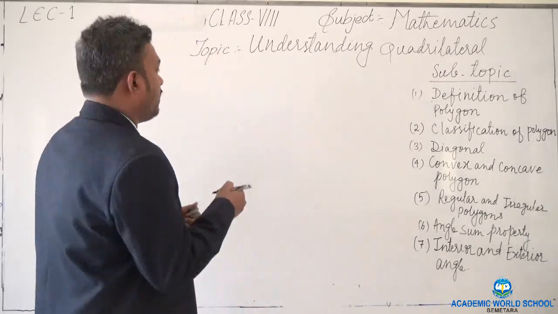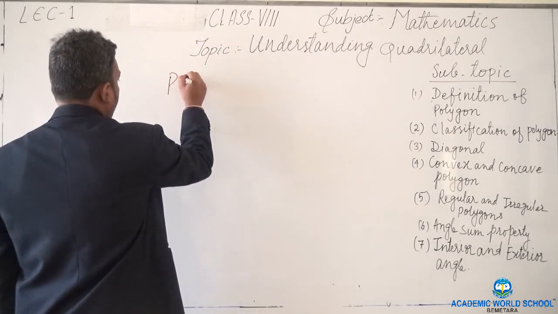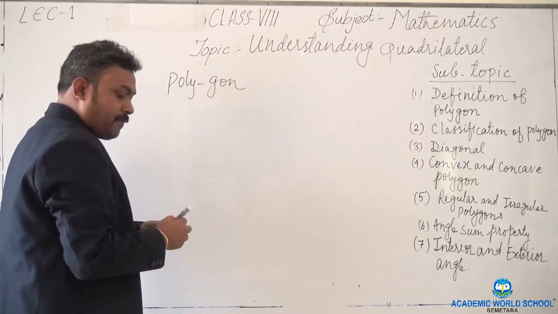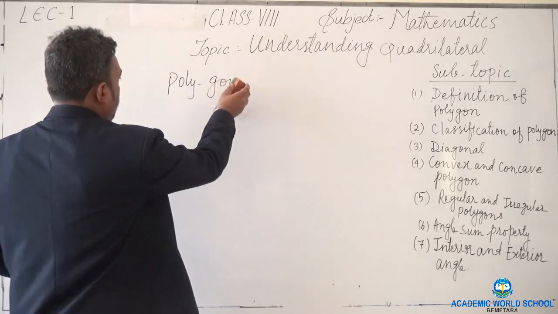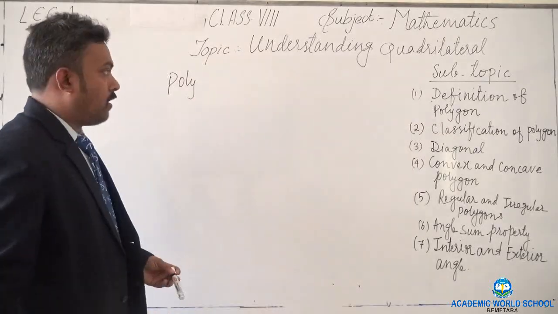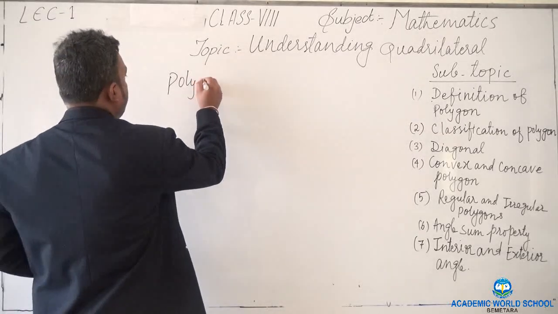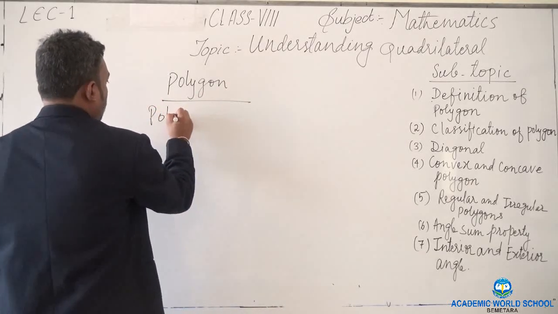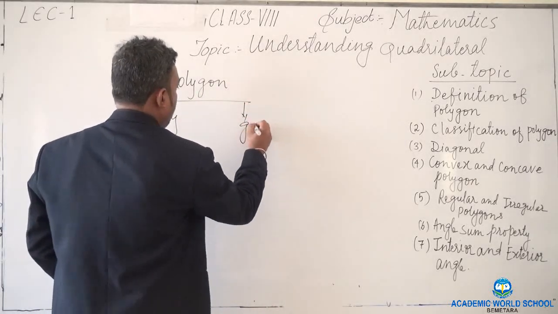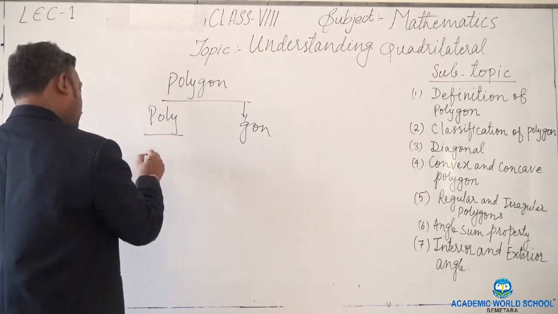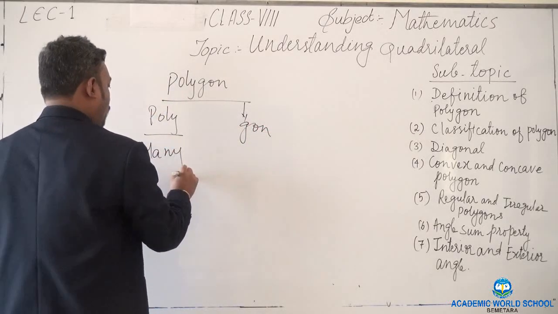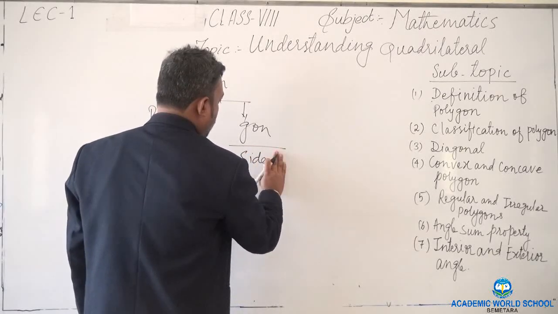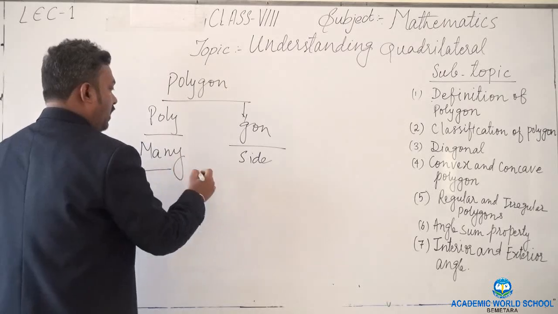See, the word polygon is derived from two words, poly and gon. Poly means many and gon means sides. Many sides.